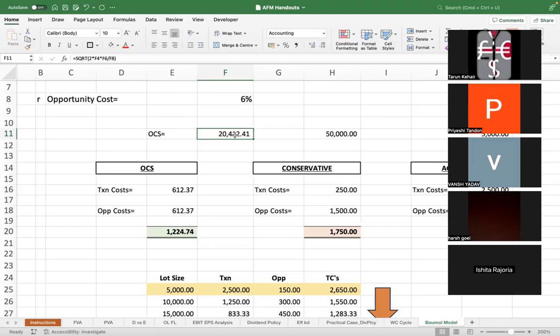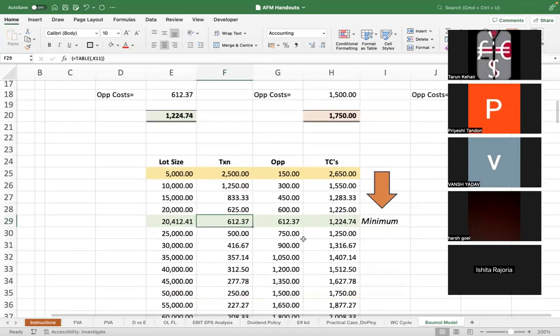Clear? And here you also see two observations: if you are following the optimal cash size as per the Baumol model, your total cost will be optimized, and at that point of intersection the opportunity cost and carrying cost will be the same.